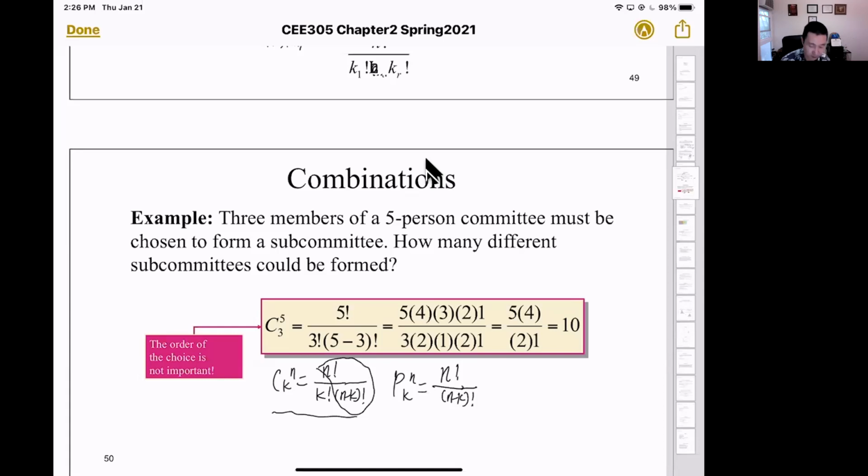This part is actually P(n,k), so you can write C(n,k) another way as P(n,k) over factorial of k.